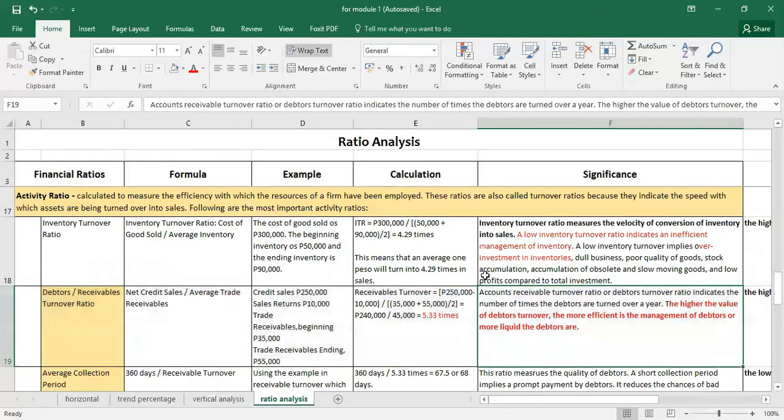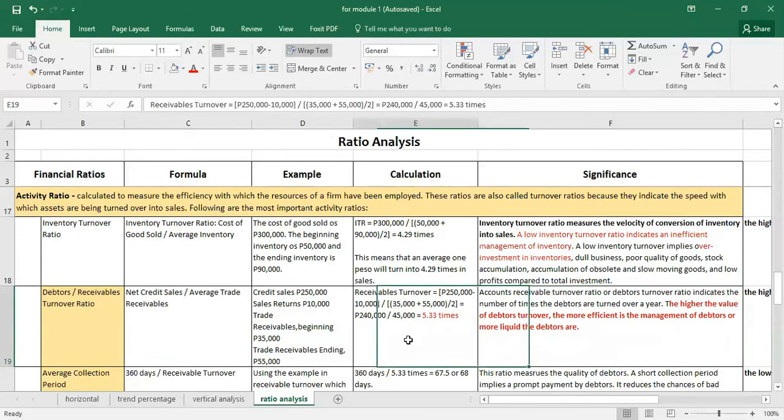So, accounts receivable nga, the higher the value the debtors turnover, the more efficient is the management of debtors or the more liquid the debtors are. So, mini-measure nito kung gaano kabilis or kung gaano kadaming beses mong nasisingil. For example, dito sa example natin, within a year, 5.33 times niya lang nasingil yung pagkakautang sa kanya.